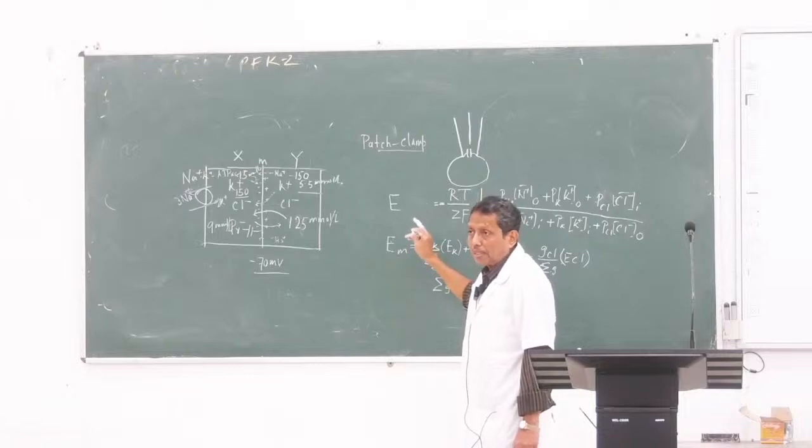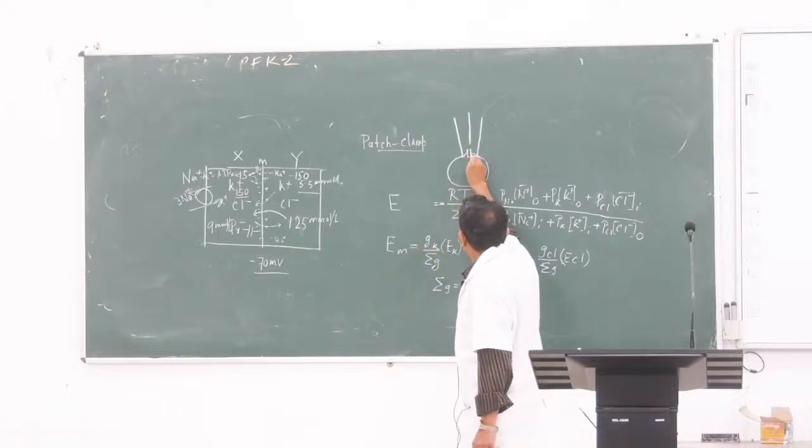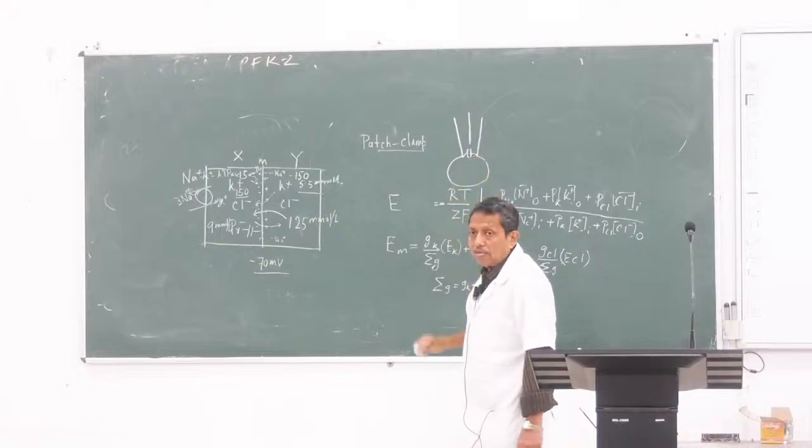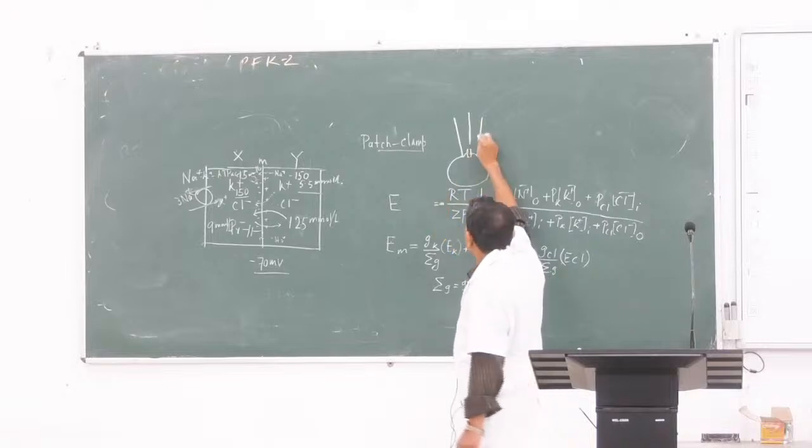At this luminal surface there is a single ion channel, or it may be more. For simplicity, this is the cell attached patch clamp, and this is the electrode.